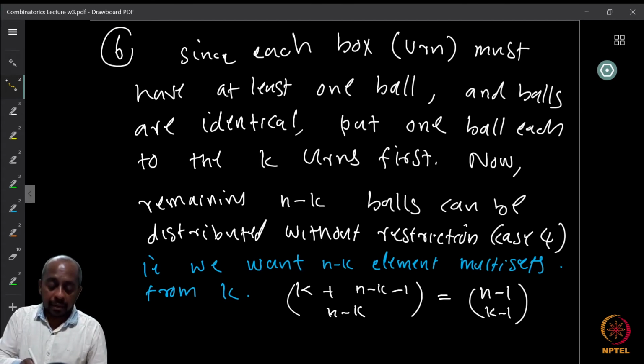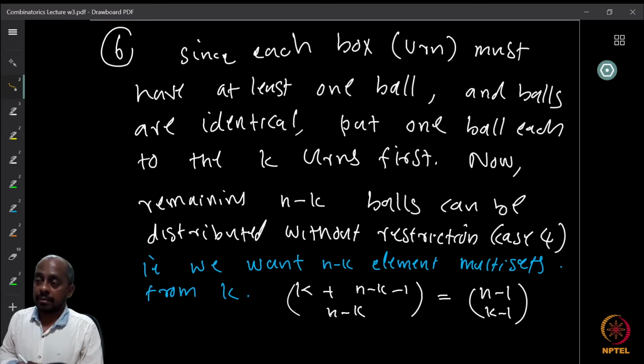Then my question is now reduced to a previously solved question. I have made sure that it is going to be surjective by selecting one ball for each of the urns. Every box must have at least one, so I put one in each of them. Now whichever way I distribute the remaining balls, the function has already become surjective.